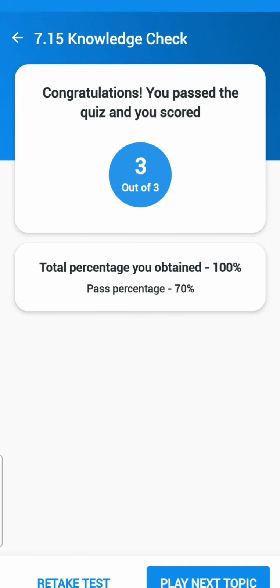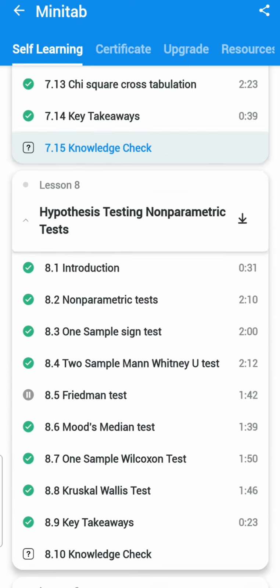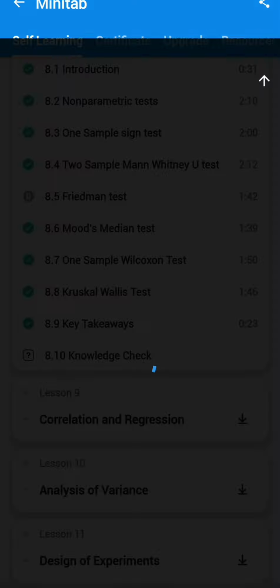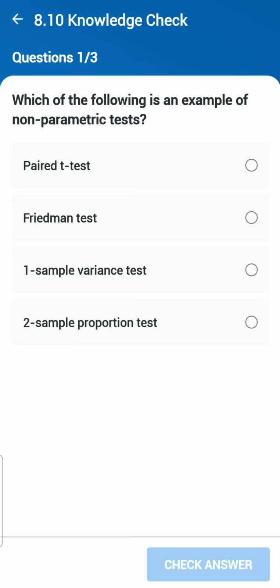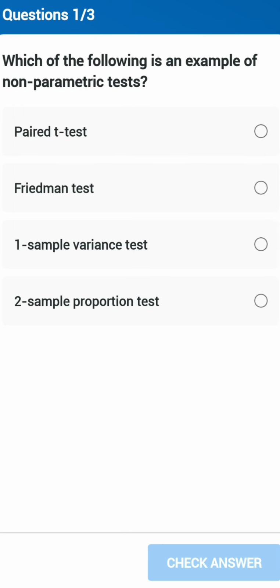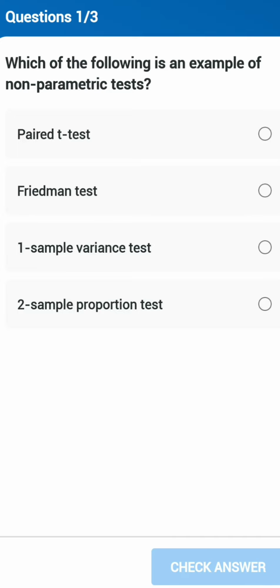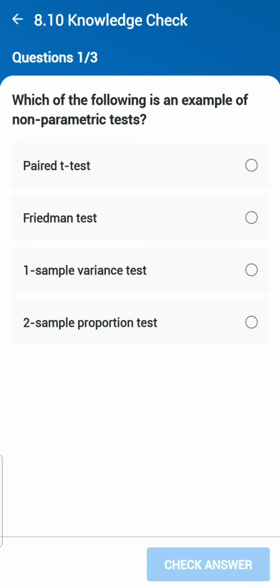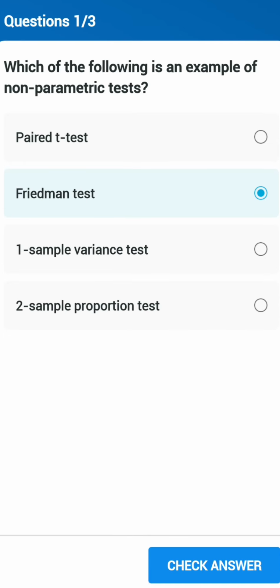Okay, let's go to the eighth chapter. Which of the following is an example of a non-parametric test? In this example, the Friedman test is one, because paired test comes in parametric, and one sample, two sample, all these come in parametric.